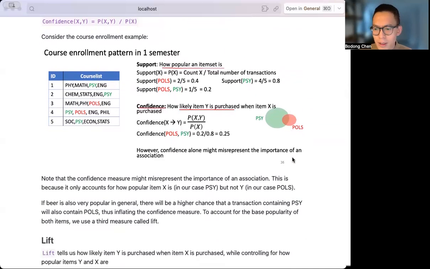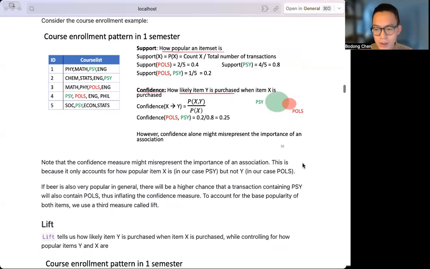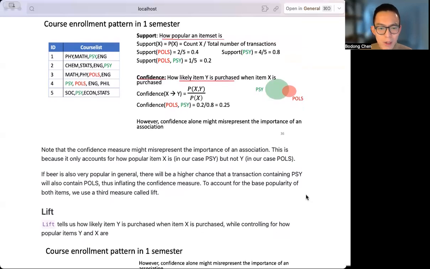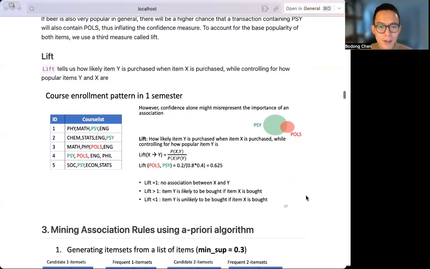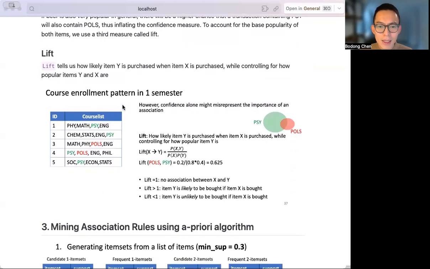The measure of confidence still has some challenges, because it only considers how frequent or how popular one item is. It doesn't really care about the other item. So there's another measure called lift. Lift tells you how likely item Y is purchased when item X is purchased, while controlling for how popular both items are.